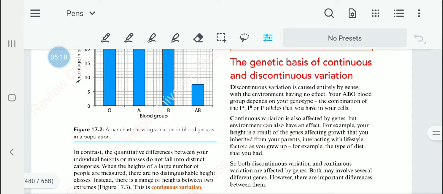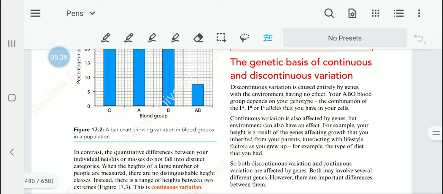For example, the blood group does not depend on the food you eat or your mother eats before you are born. It will be affected only by the genes.